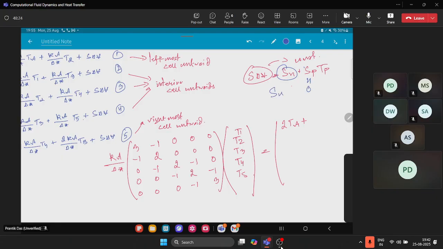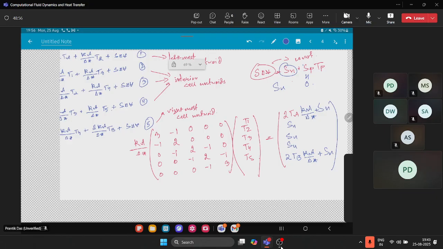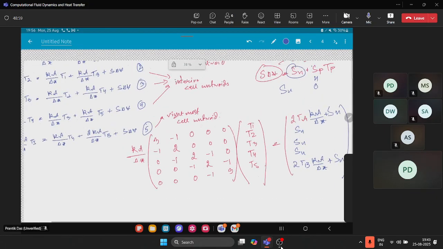So we can write it like this: AC, AC, AC, 2TB plus AC, and this thing should be multiplied by k by delta X plus AC. So is this equation clear to all of you?